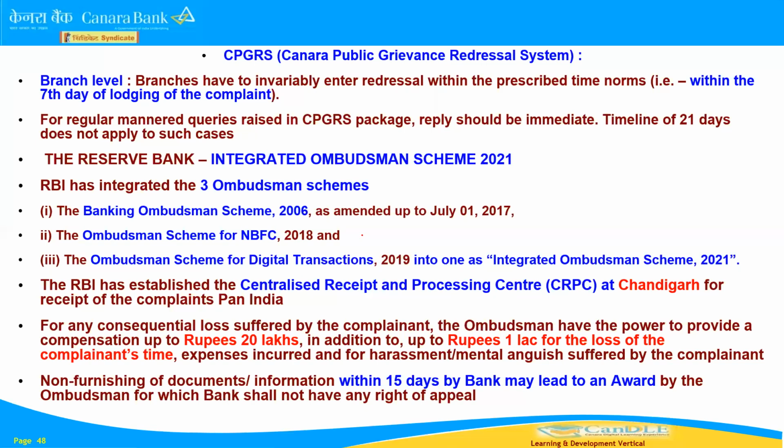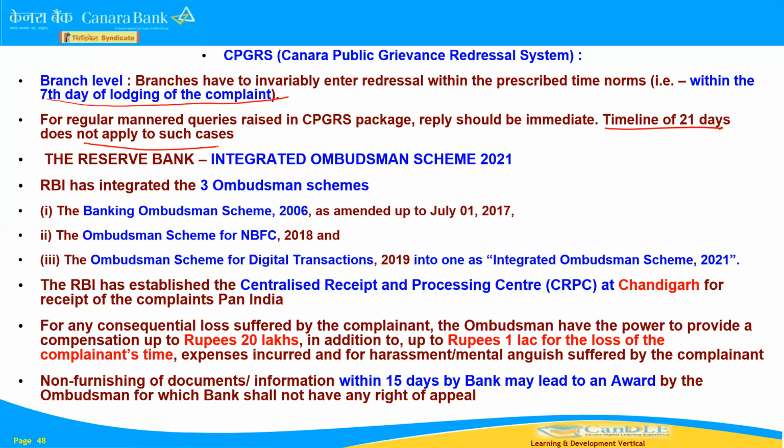The most important thing is the branch level. At the branch level, we have to redress the complaint within 7 days. Anything else, again, 21 days. Within 7 days of lodging the complaint, we have to resolve it.